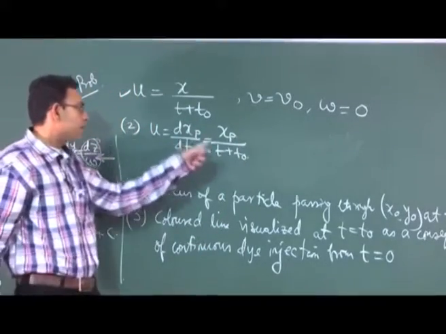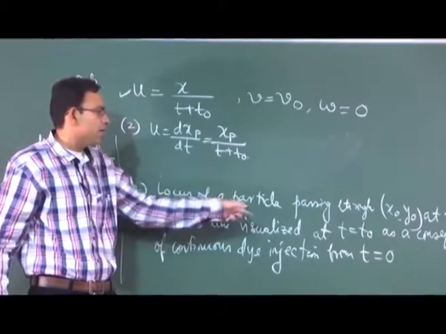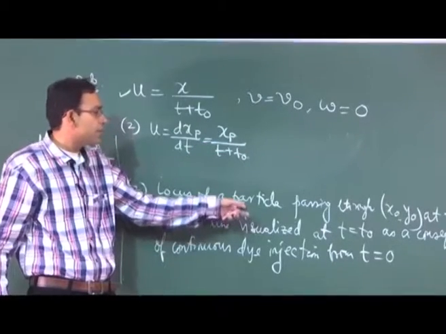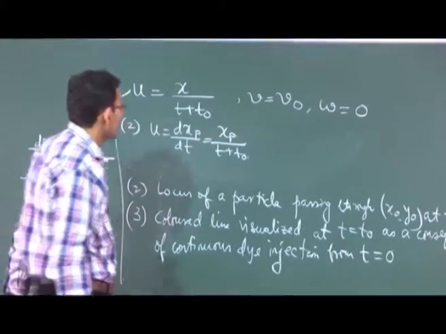P for particle, we could have written x without P, but we are interested in finding the locus of a particle which has passed through x0, y0 at t equal to t0.